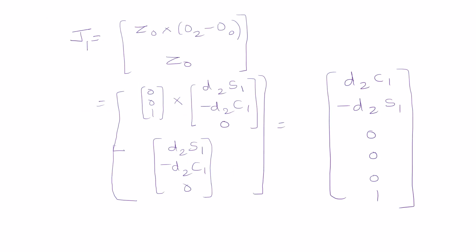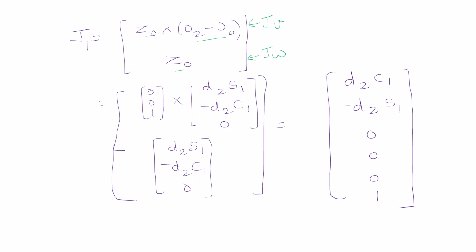That is, first we will get the first column. Here the first column relates to the revolute joint, so the formula goes with the cross product of Z0 and O2 minus O0, and Z0. So this is your linear Jacobian part and this is your angular Jacobian part.